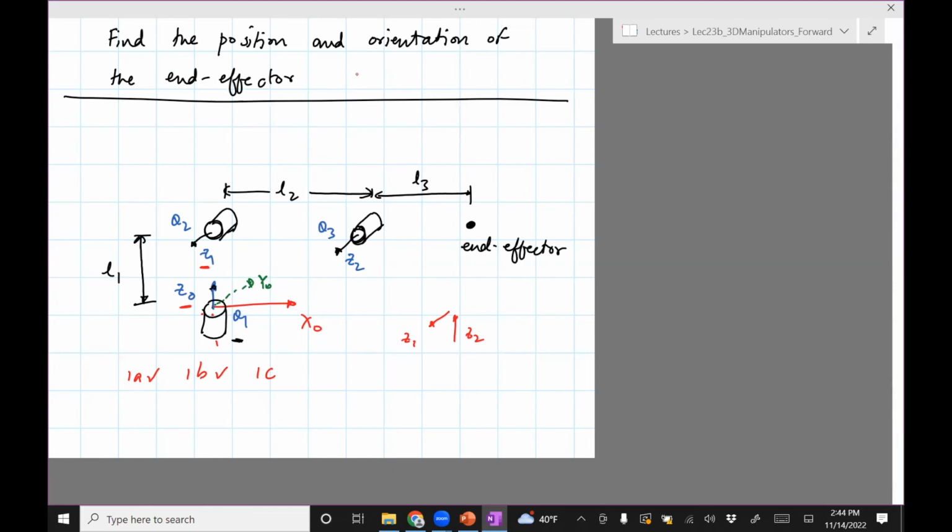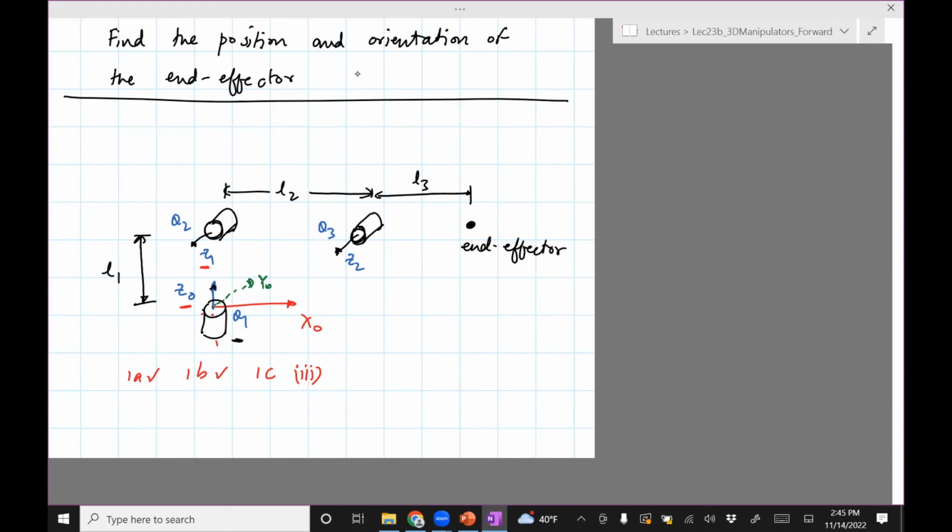So in this case, Z0 and Z1 are intersecting, and so it's C3. So if Z0 and Z1 are intersecting, xi is to be chosen normal to the plane formed by Z0 and Z1.